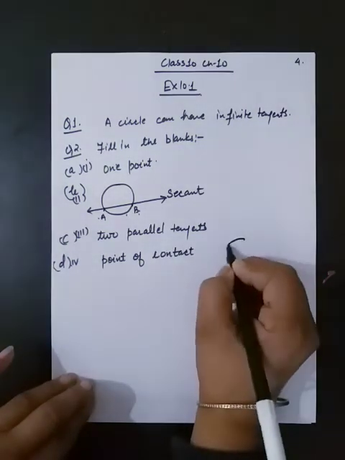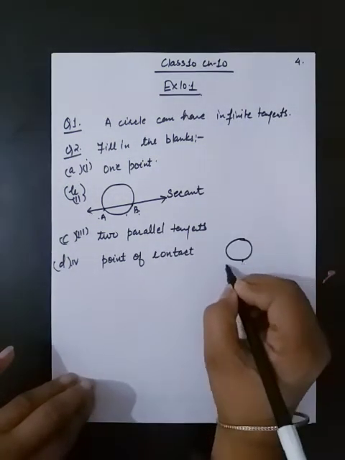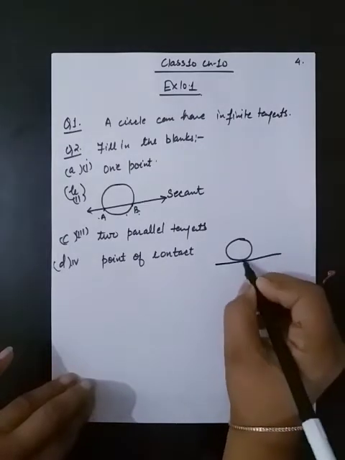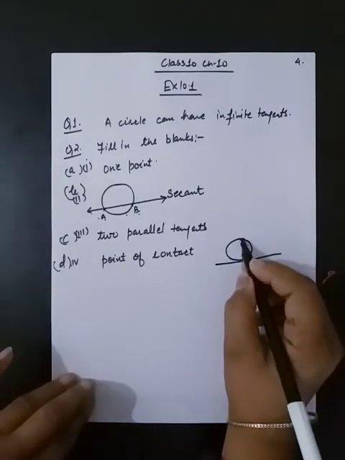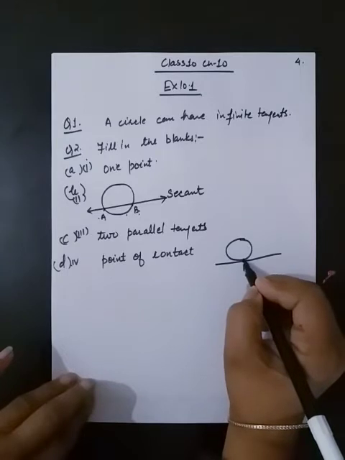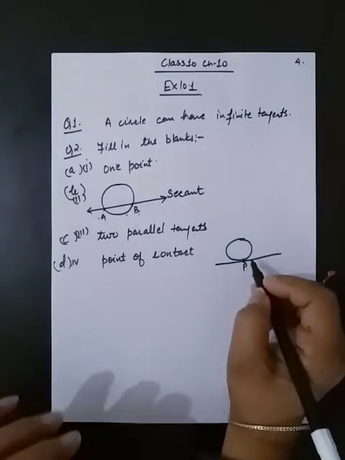In this blank, we are talking about this one point. This point is the common point between the circle and the tangent. So this point is called the point of contact.